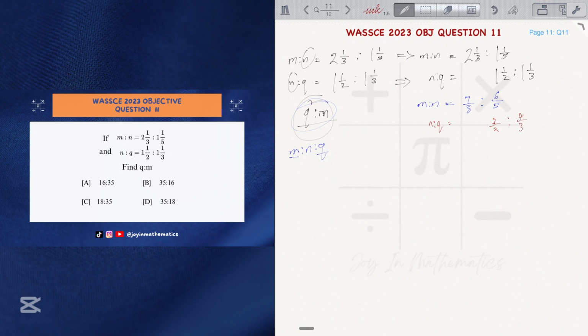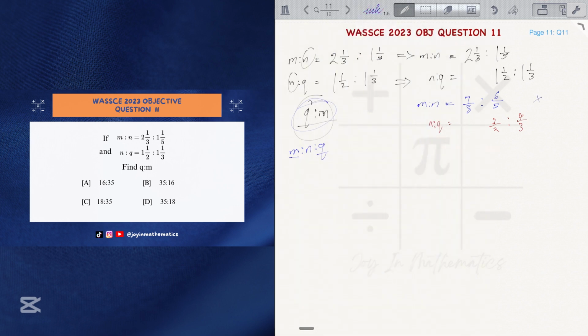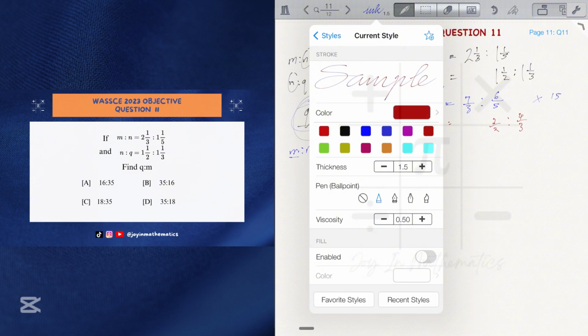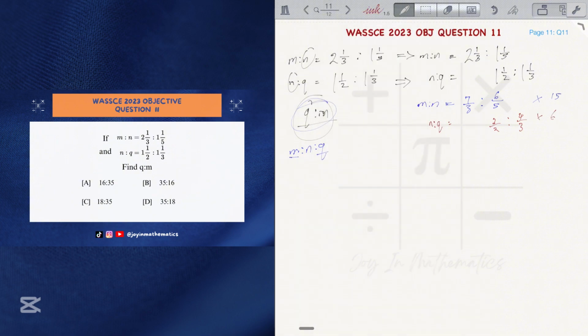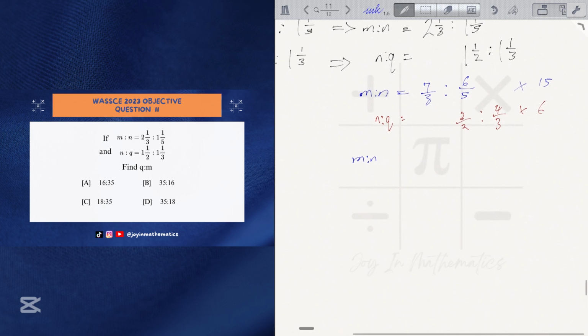Now let's simplify all this, and to simplify we multiply by the LCM. For m ratio n we multiply by 15, and for n ratio q we multiply by the LCM, which is 6. So m ratio n: multiplying 7 over 3 by 15, we are left with 35, and multiplying 6 over 5 by 15, we are left with 18.